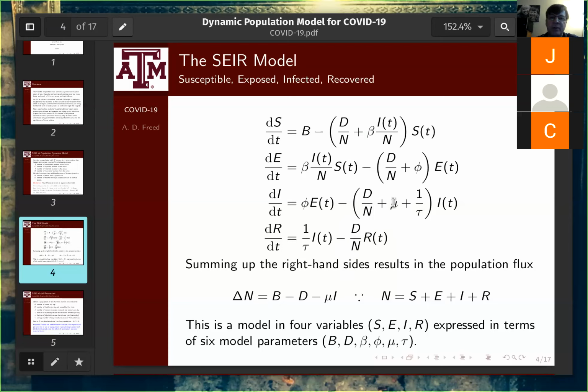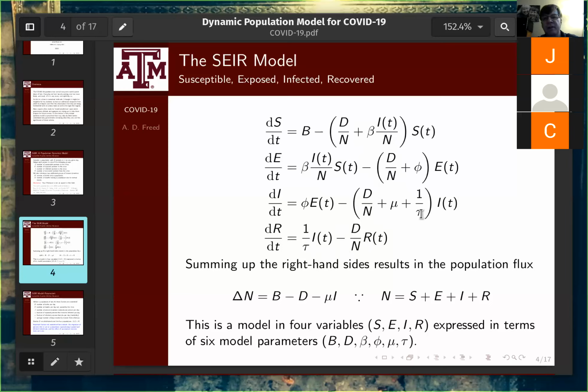They assumed all their deaths were caused by that, but the morbidity just affects the people who die who are infected. If you're not infected, which is the case up here in these two, you're not infected. Down here, you've recovered, so you have an immunity. So your morbidity, the chance for you to pass away from the disease gets affected in here. So that's what mu is.